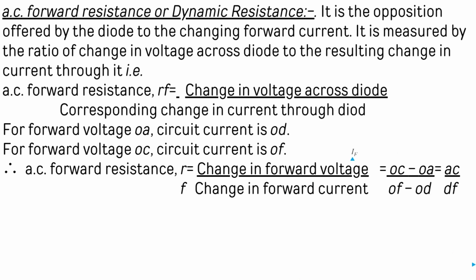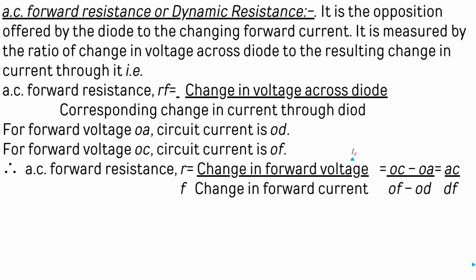AC forward resistance or dynamic resistance. It is the opposition offered by the diode to the changing forward current. It is measured by the ratio of change in voltage across the diode to the corresponding change in current through it. AC forward resistance R_F equals change in voltage across the diode by change in current through the diode.